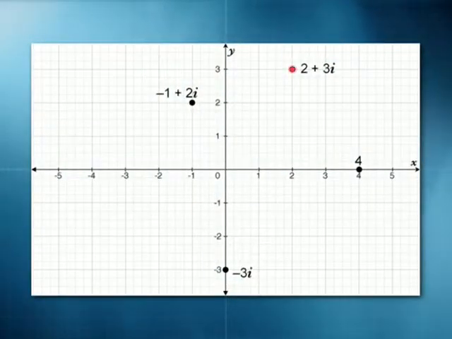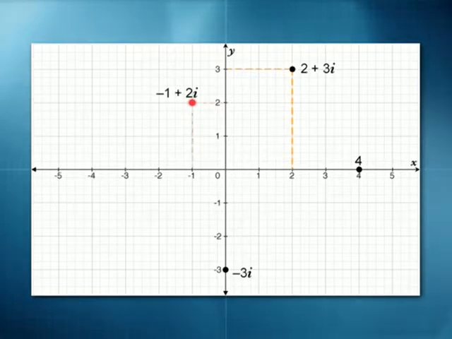Let's look at, say, 2 plus 3i. Notice that the real coordinate is 2, so I move 2 units to the right, and then I go up to 3i. So that's the ordered pair (2, 3), which corresponds to the complex number 2 plus 3i. Over there on the other side, you get minus 1 plus 2i.